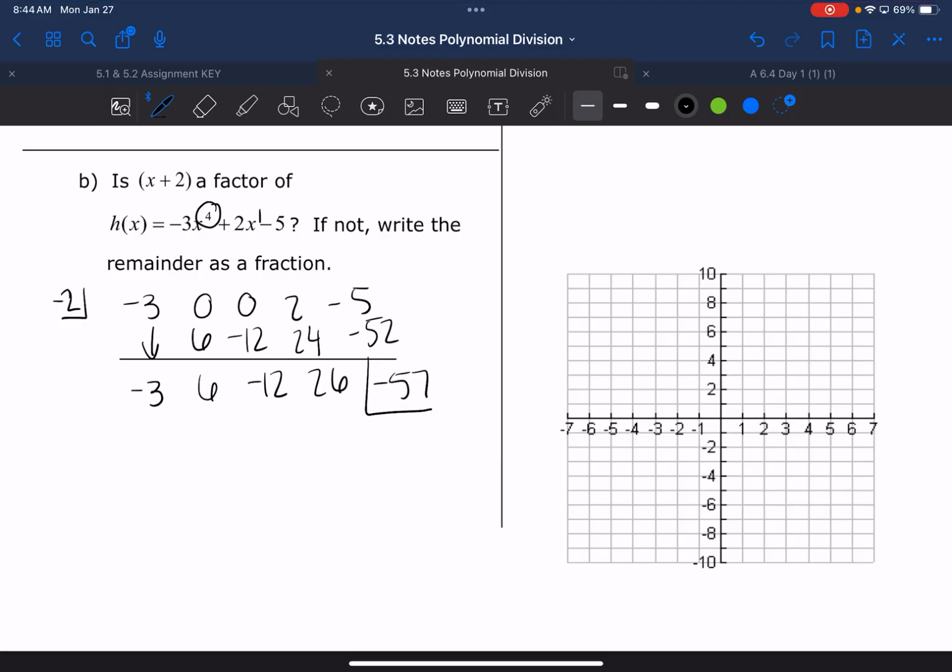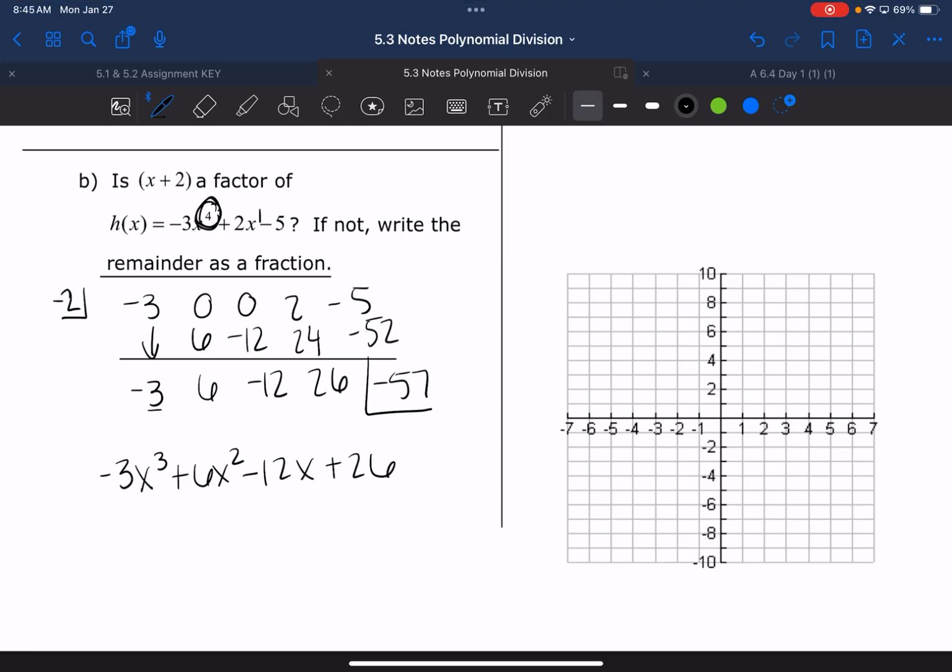Okay, so since it's not, it says that we will write the remainder as a fraction. So everything else stays the same. We started with an exponent of 4. So this term, this -3, is a coefficient for what? -3 x to the third. All right? And then we'll have plus 6x squared minus 12x plus 26.